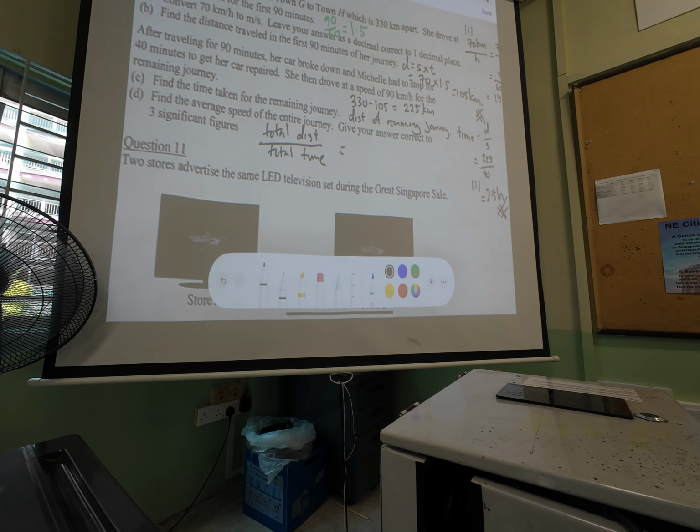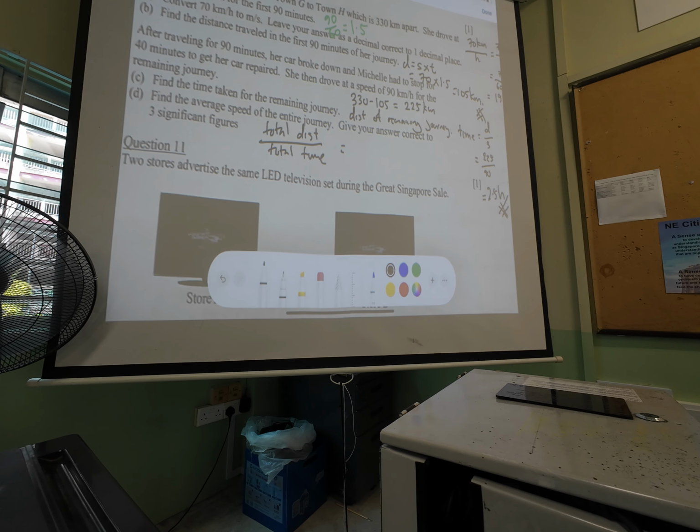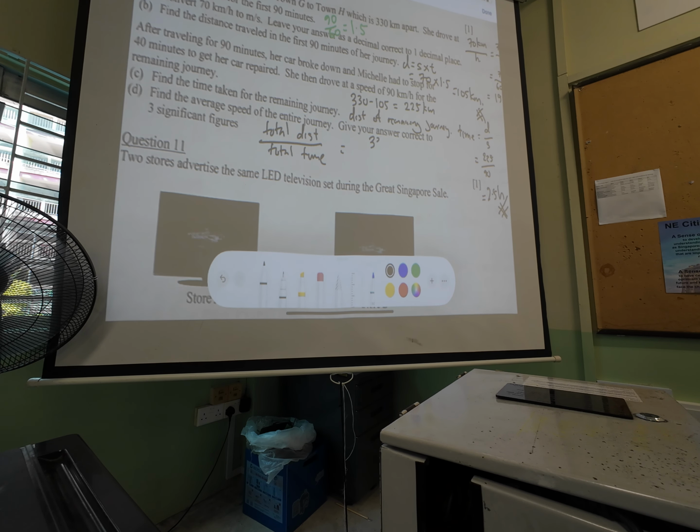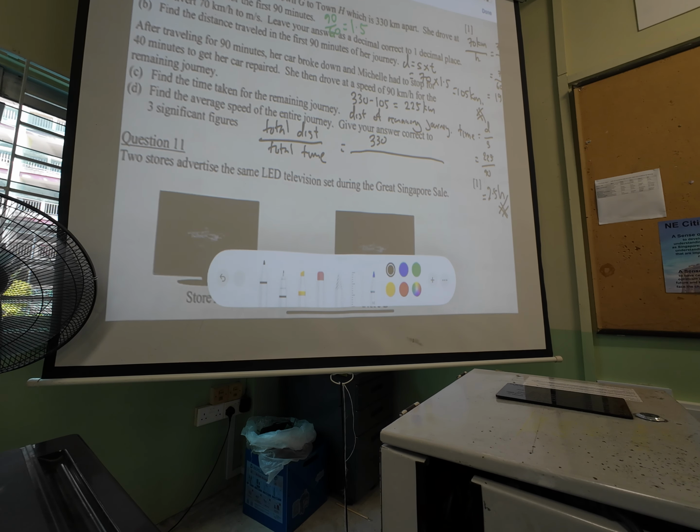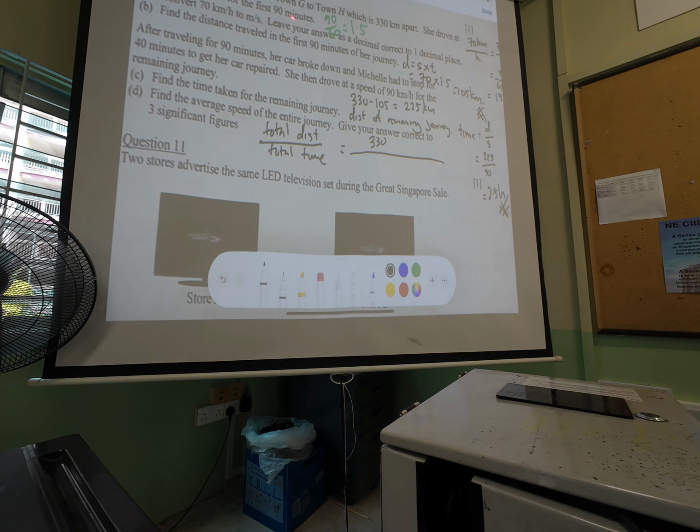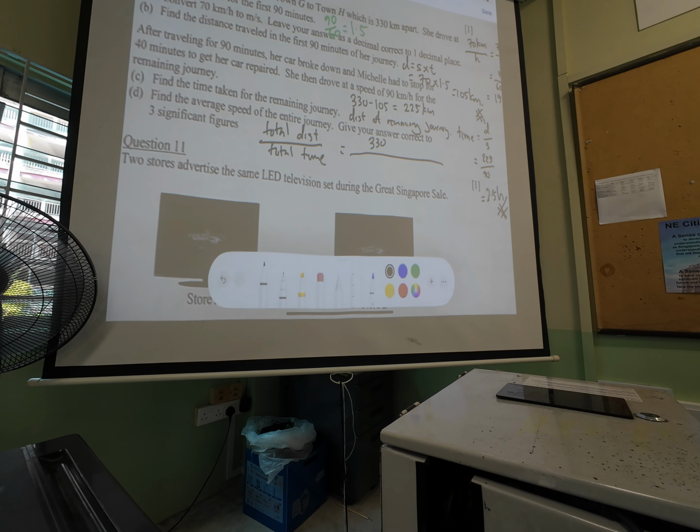Total distance, I don't need to do any calculation. Total distance is 330. Total time. First part, 90 minutes. And then we found 90 minutes is 1.5 hour already.